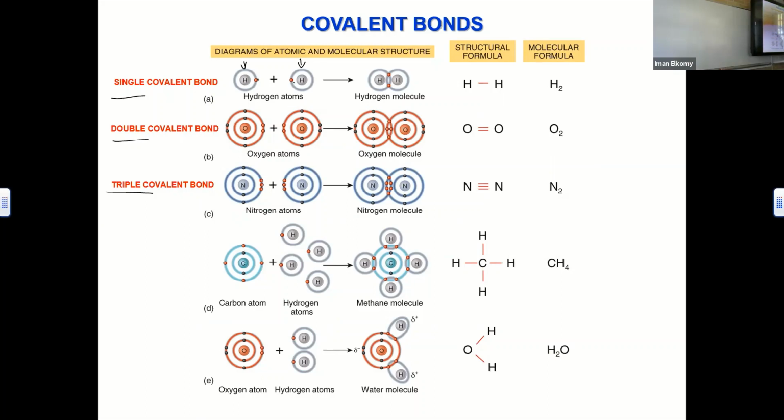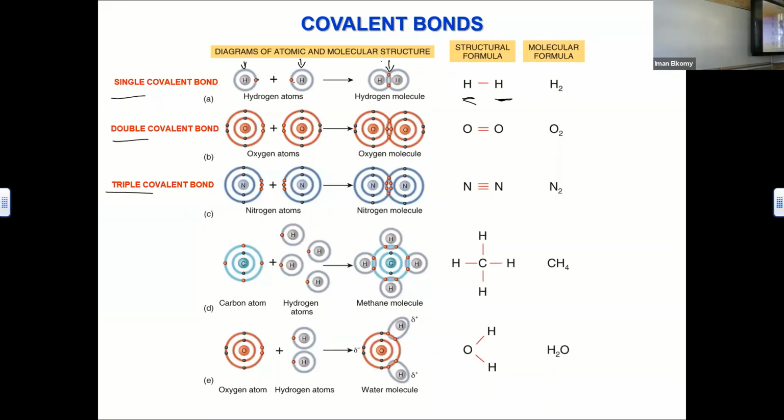They decide to share and form a single covalent bond with that one electron that they had. So you have two atoms that now are sharing that one electron. They each share with each other. Okay? That's a single covalent bond. Now, this is what that structural formula looks like. Remember, hydrogen was that H for hydrogen.